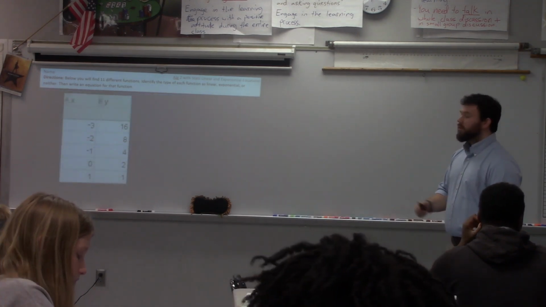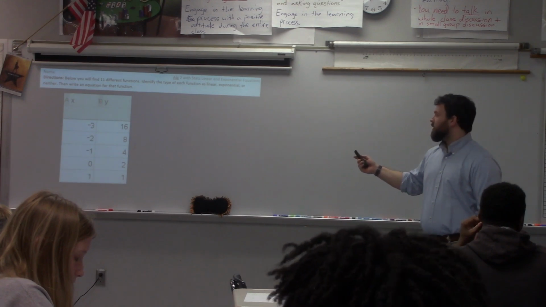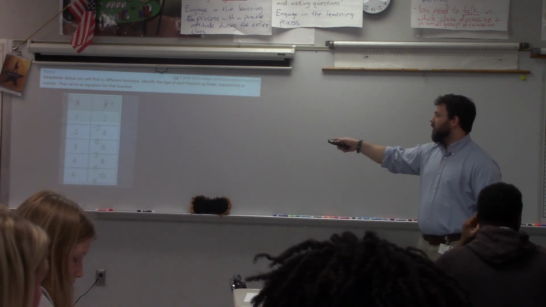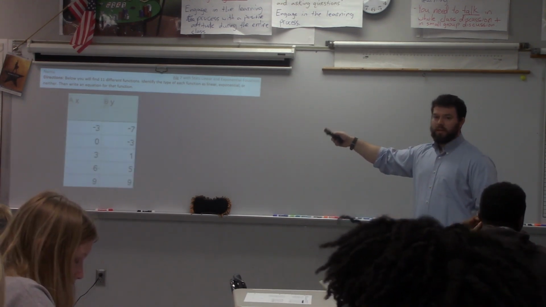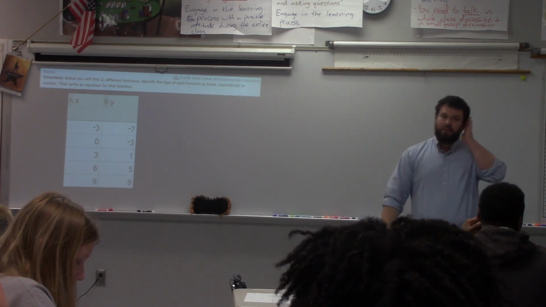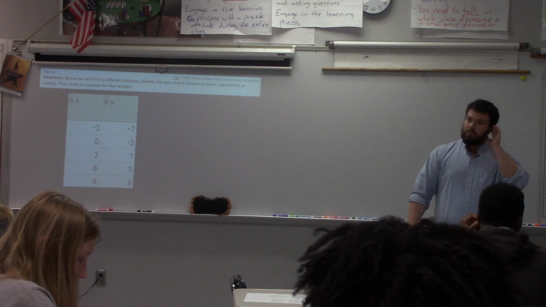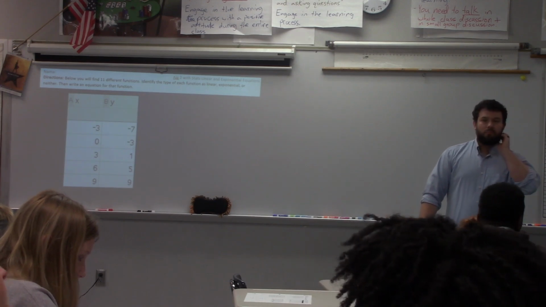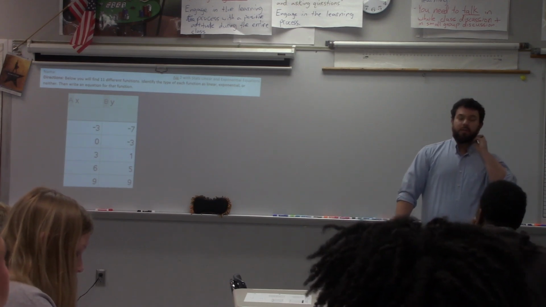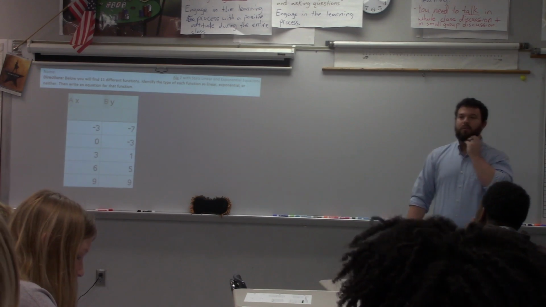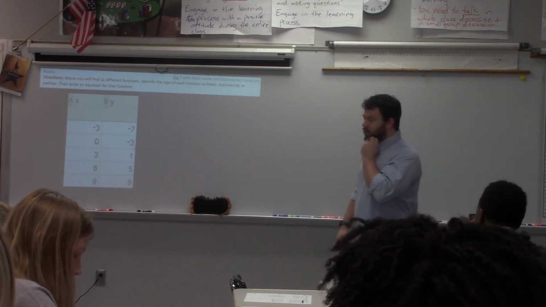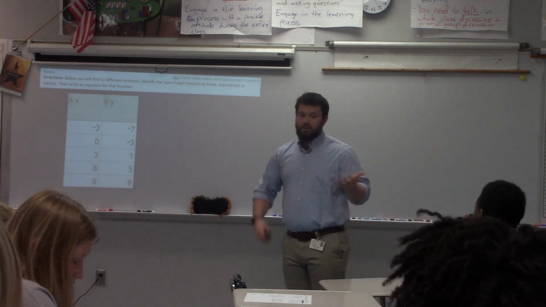Okay? Which is why, right, so I was saying, in a table like this, what is the easiest way to identify the type of function? In a table. Looking at the what? Not y-intercept, that doesn't tell me the function, because remember there's a y-intercept in both linear and exponential.